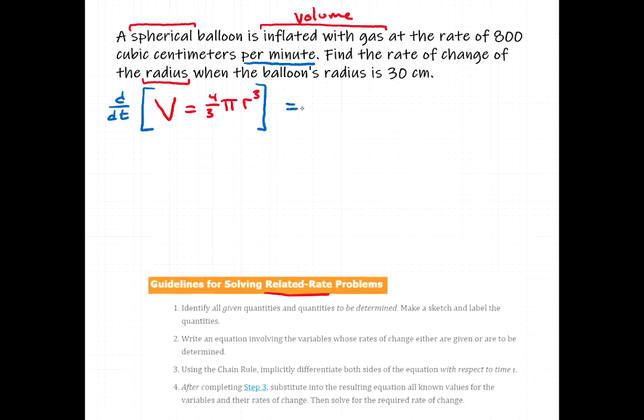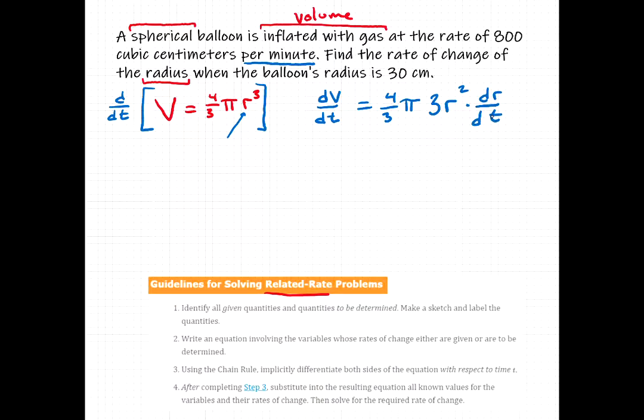Okay, so the derivative with respect to time of V would be dV over dt. That's the change in volume with respect to time. Let's put the equal sign here. Now we have the derivative of the right-hand side. 4/3 is a constant, pi is a constant, and the derivative of r cubed is 3r squared times dr over dt.